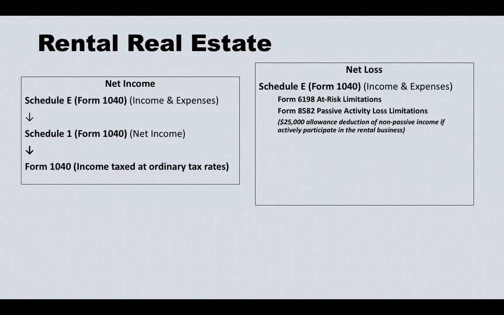However, this $25,000 has an income phase-out range. You are allowed to deduct the entire $25,000 if your AGI is less than $100,000. If your AGI is more than $150,000, you cannot deduct any of these losses.